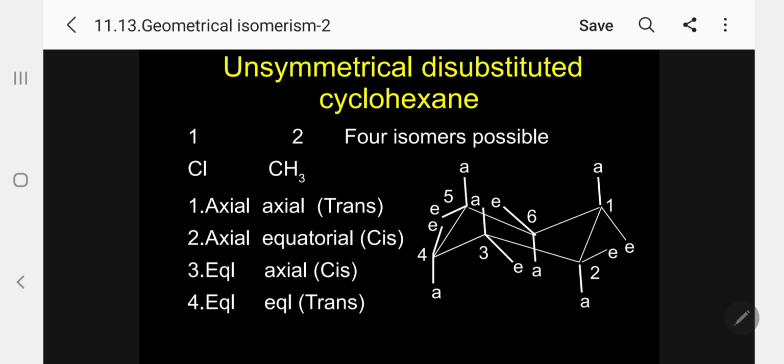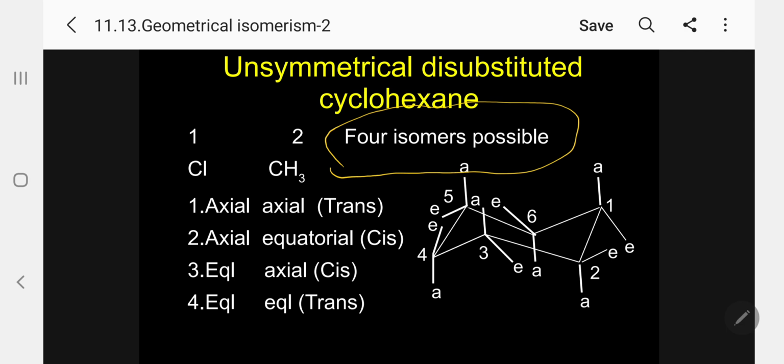So here, actually, there are 4 isomers possible. In the case of 1-chloro-2-methyl cyclohexane, we have 4 isomers possible. In the symmetrical disubstituted cyclohexane we have discussed last class, there are only 3 isomers possible.